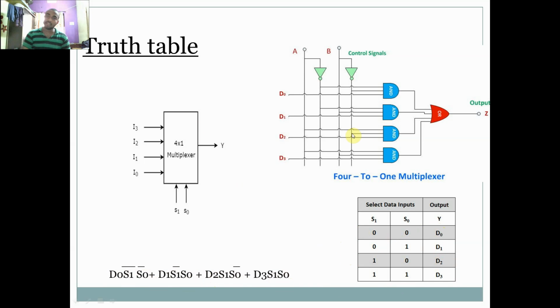From this we can make the diagram of it. This is D0, this is A, B. We will make A and B, then we will have the figure of it.